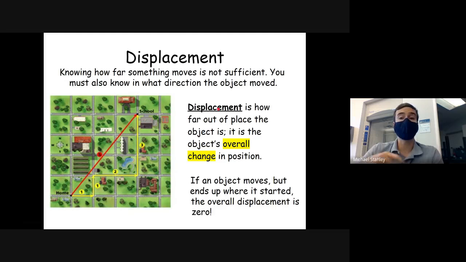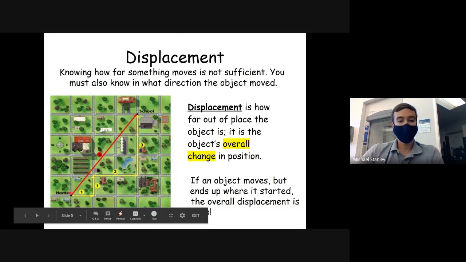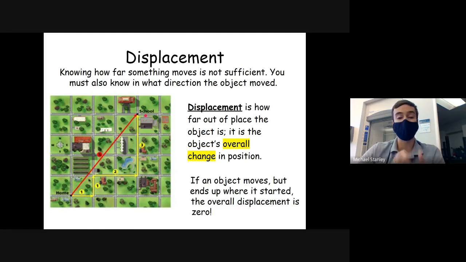So displacement is how far away your ending point is from your starting point, the overall change in your position. While you may have had to drive or ride your bike 7 miles on the roads to get to school, the actual displacement from your house to your school is only 5 miles.